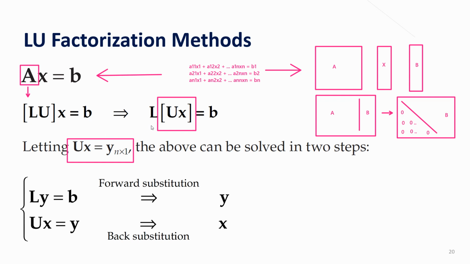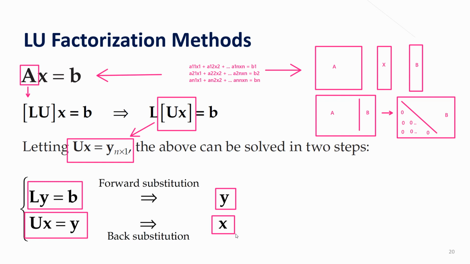then you can substitute using two steps by first solving the formulation of L, because Ux is Y, so L multiplied by Y equals B, and then you get the value of Y. And then in order to get the value of X, because you have U multiplied by X equals Y, you can substitute back and get the value of X. Okay, that's the concept of LU factorization.